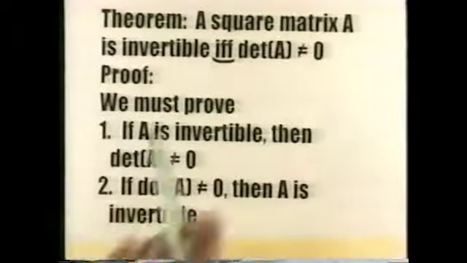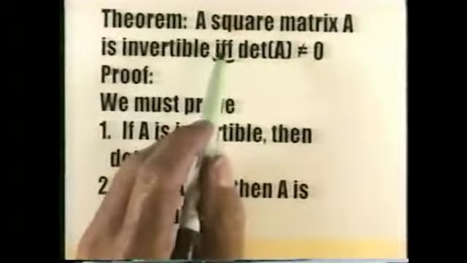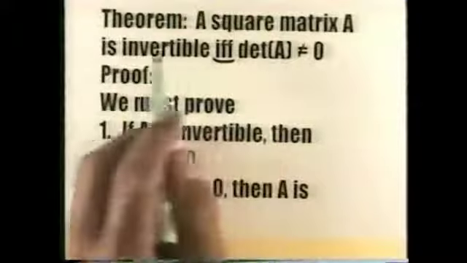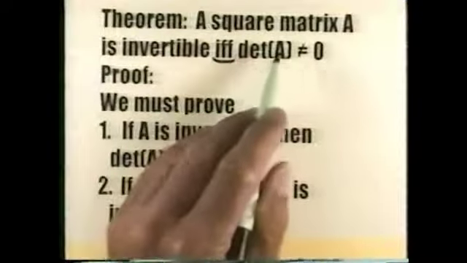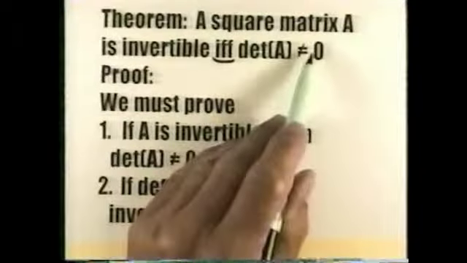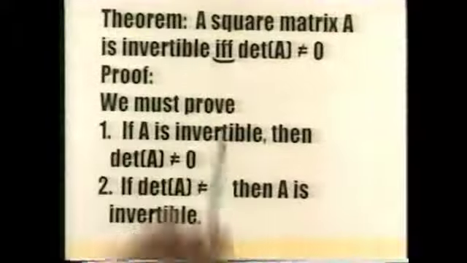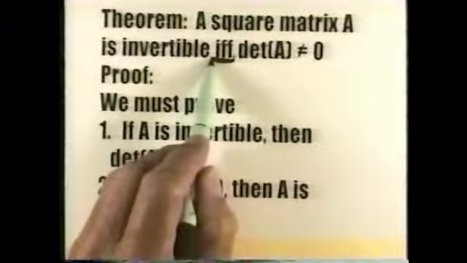So anytime you see if and only if in a statement, it means that you must prove it both ways. So that's one thing to note about if and only if.